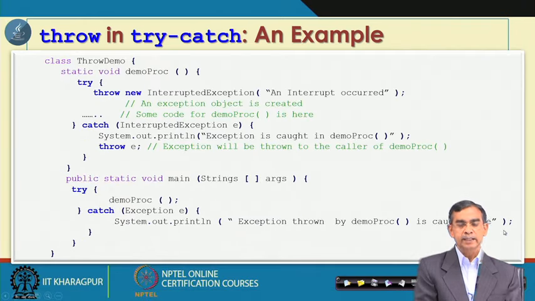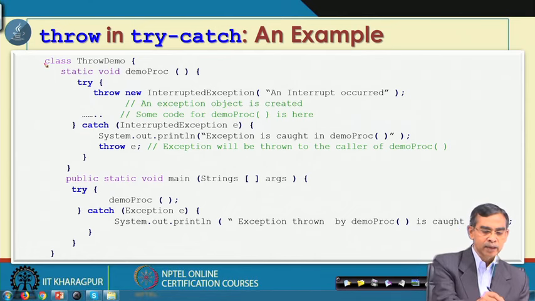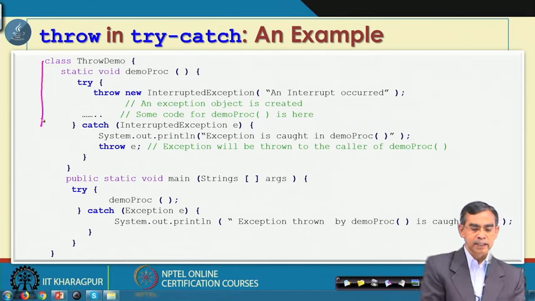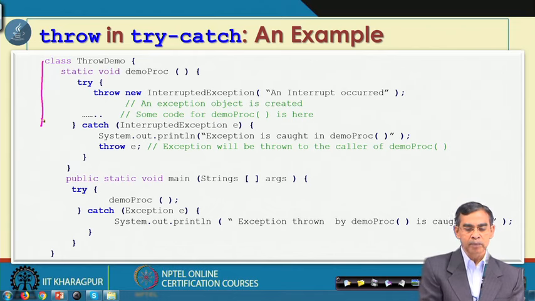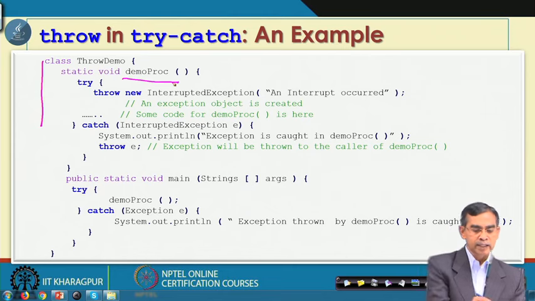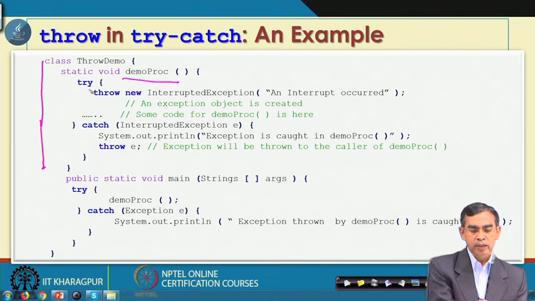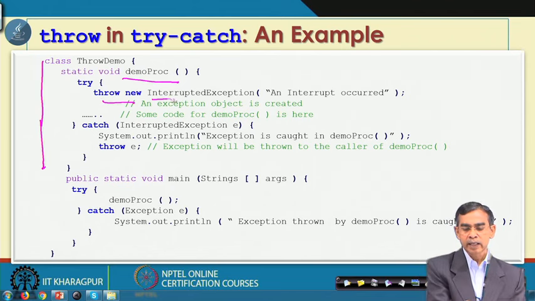Now, here is another example of the throw clause. The same thing: here we have declared one class, the name of the class is ThrowDemo, and there is one method called demoproc, and in this method we declare our own try block. Here is try, throw new InterruptedException.